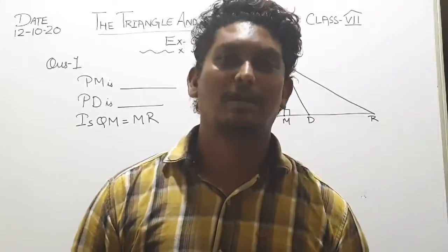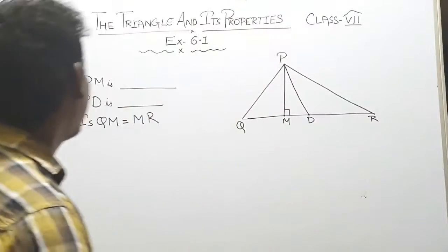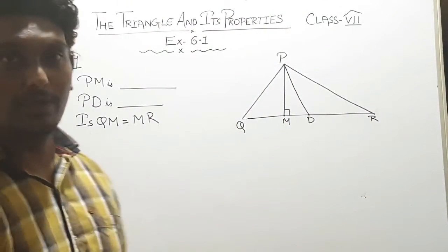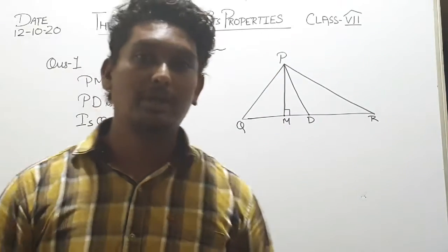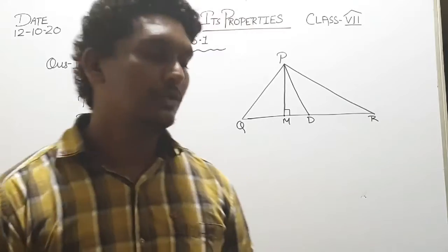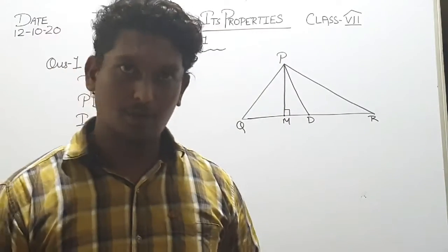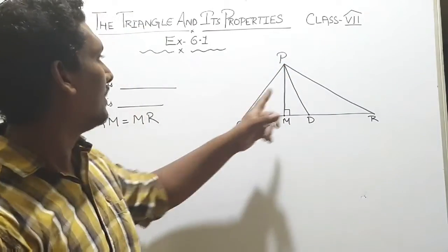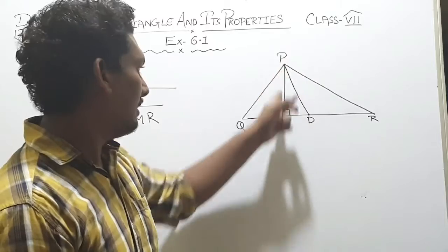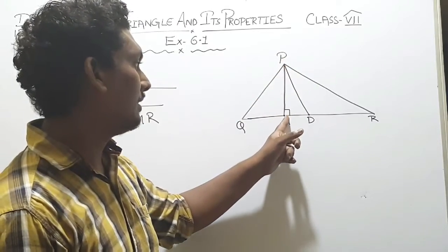So today we are going to start the exercise, that is 6.1, our first exercise. One figure is given to you. In that figure we have to find out which one is median and which one is altitude. Both are starting from the vertex P. First we are talking about PM, the line starting from the vertex and joining here.